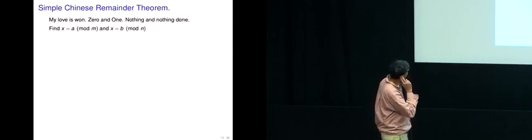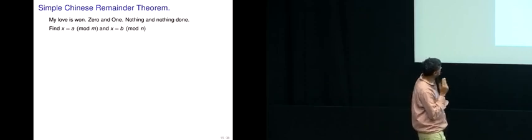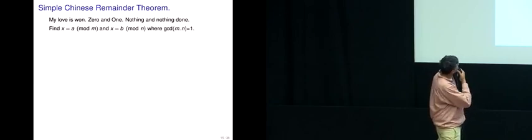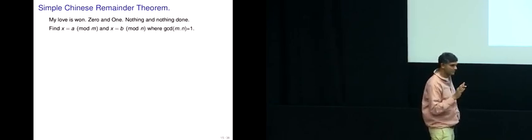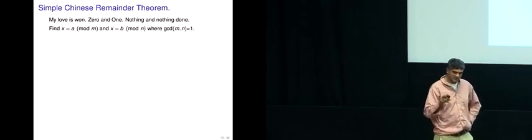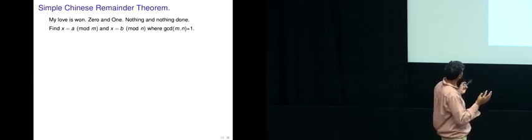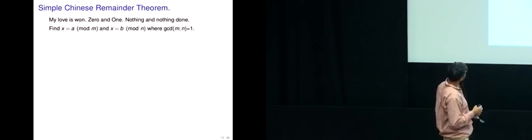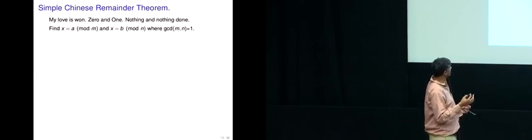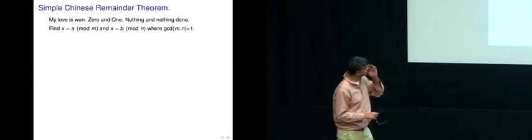Okay, so x equals a mod m, x equals b mod n, where the GCD of m and n is 1. That's what we had before, right? The GCD of 7 and 5 was 1, and we had x was 3 mod 5 and 5 mod 7. But that was the example.